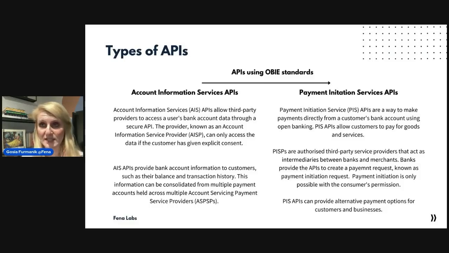Plus, what is quite interesting, it also allows third-party providers to tap into transactional data, which is a quite rich data set about transactions from consumers and businesses. On the other hand, we have payment initiation APIs, and those allow fintechs to initiate a bank transfer between 2 bank accounts on behalf of the customers, and those customers can be just consumers or businesses.